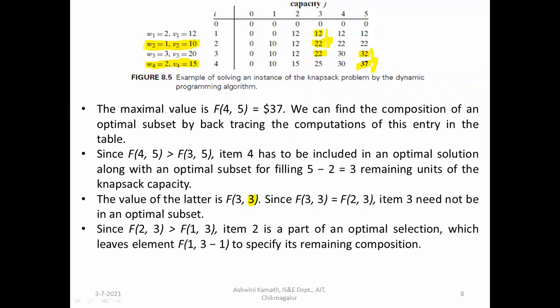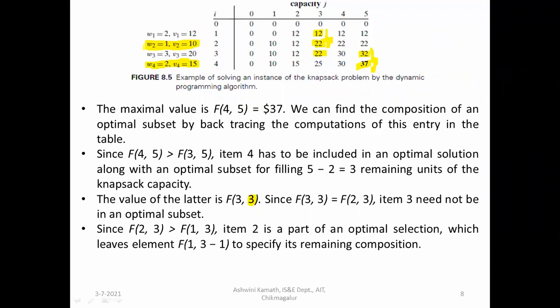When we add the second item into the knapsack, what is its weight? It is 1. The remaining capacity was 3, so 3 minus 1 is equal to 2 now. Item 2 is a part of an optimal selection, which leaves f of 1 comma 3 minus 1 to specify the remaining composition.